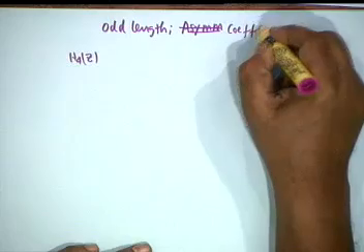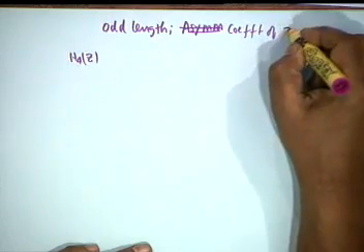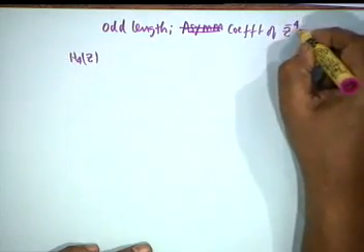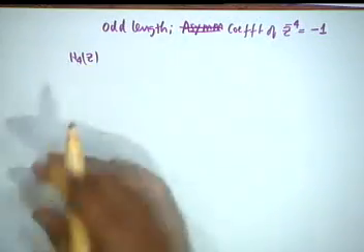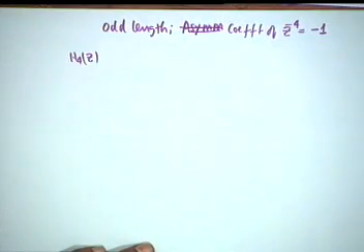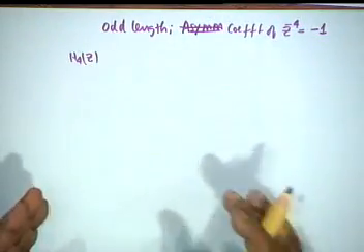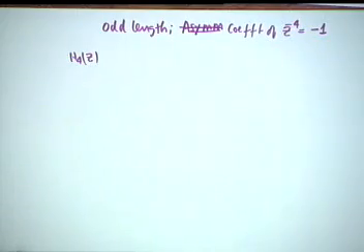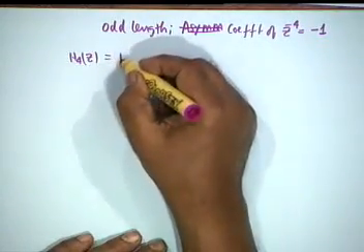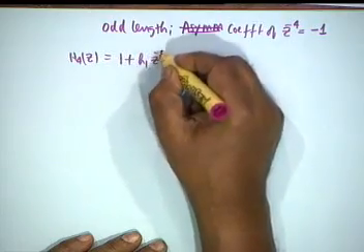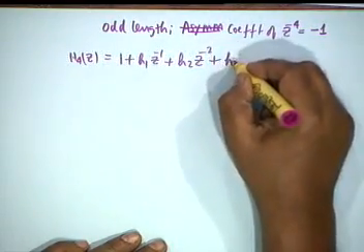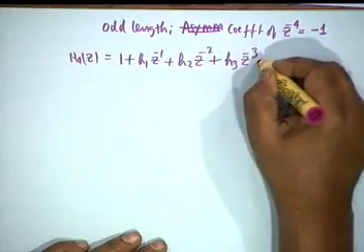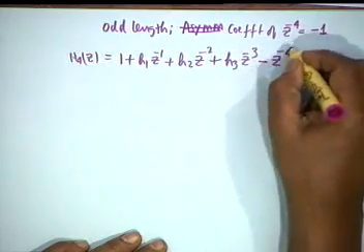Coefficient of the highest power term, coefficient of Z to the minus 4 is equal to minus 1 instead of plus 1. Then we shall have to bring in asymmetry, to decompose into linear phase plus some other transfer function, we shall have to bring asymmetry. So, let us say 1 plus H1 Z inverse plus H2 Z to the minus 2 plus H3 Z to the minus 3 minus Z to the minus 4.